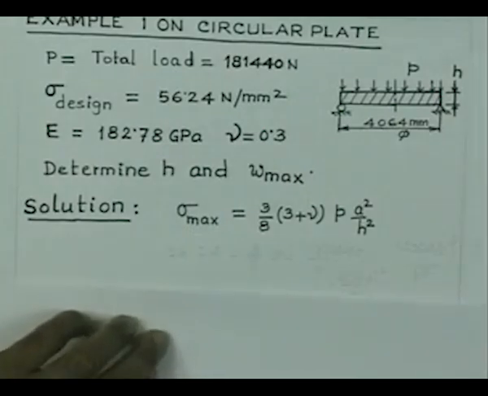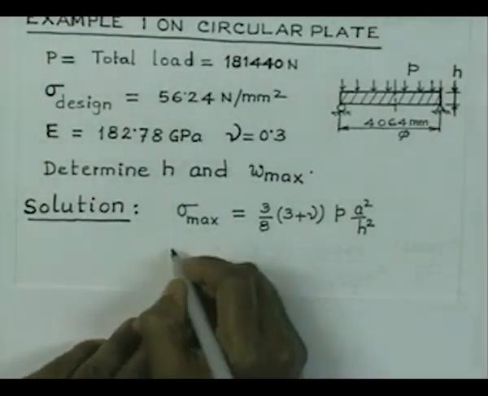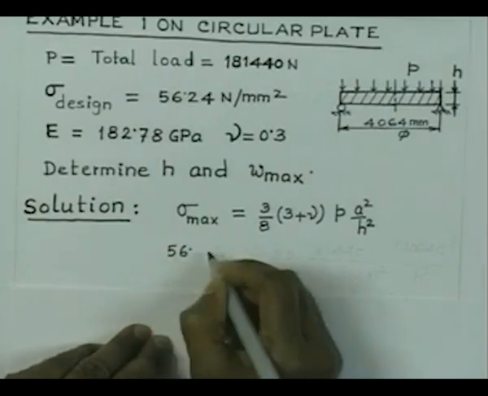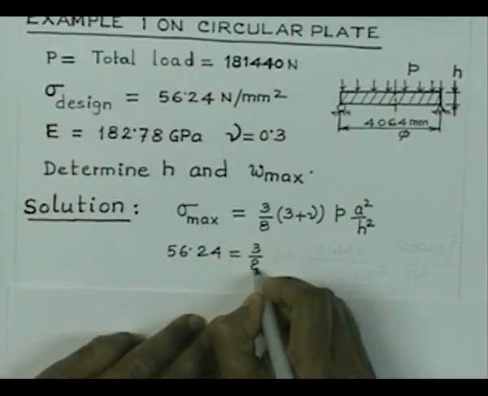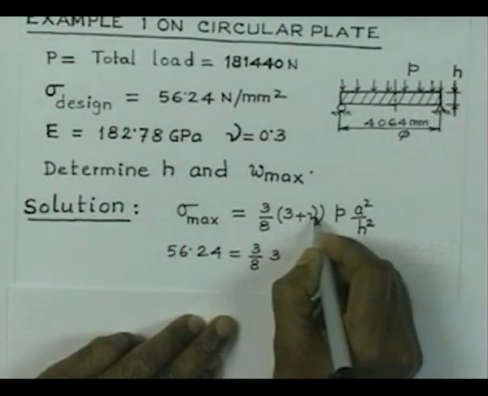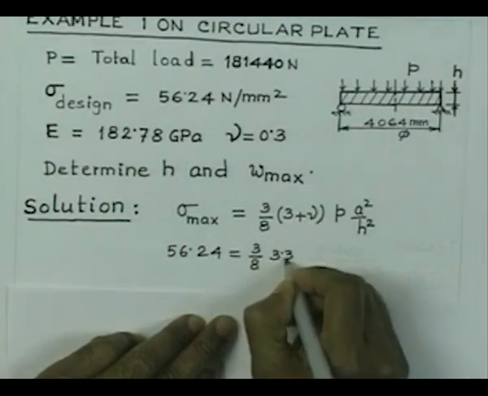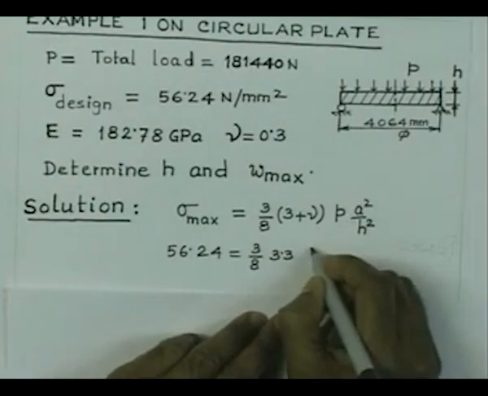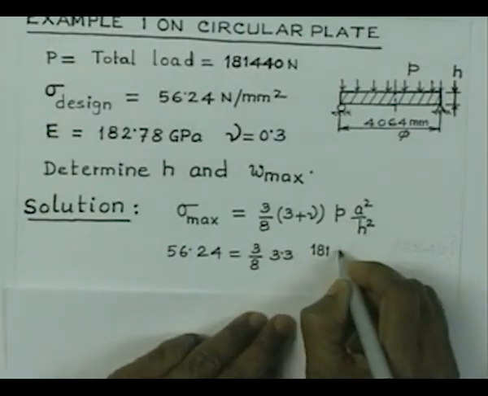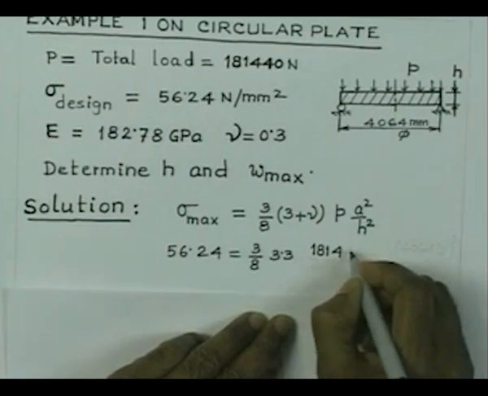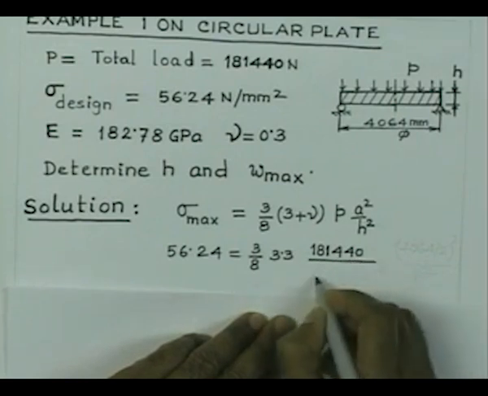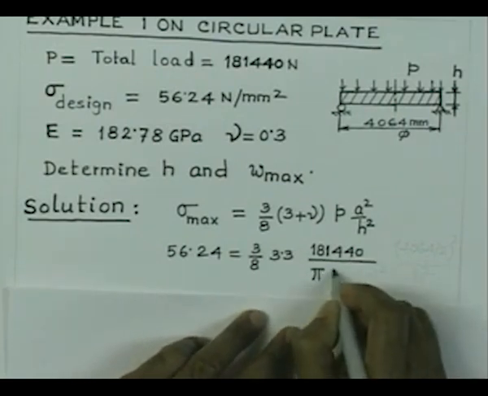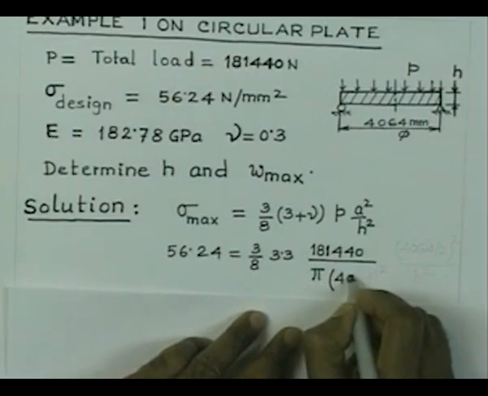So, now we can try to plug in the values. We have 56.24 equal to 3 by 8, and this 3 plus 0.3 gives us 3.3, and P is nothing but the total load, 1,81,044 Newton, divided by the area, which is pi d by 2 whole square.